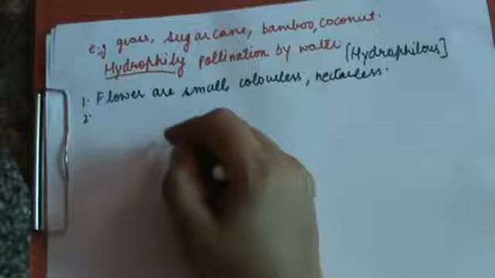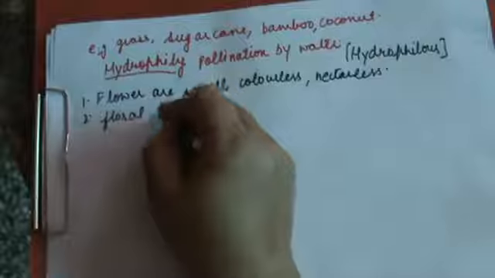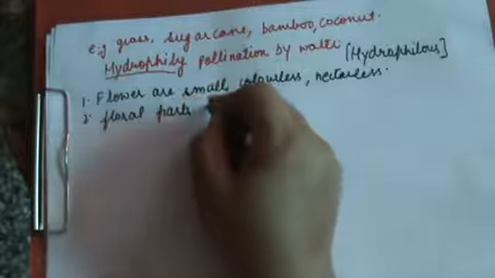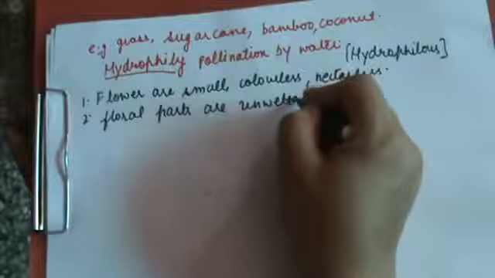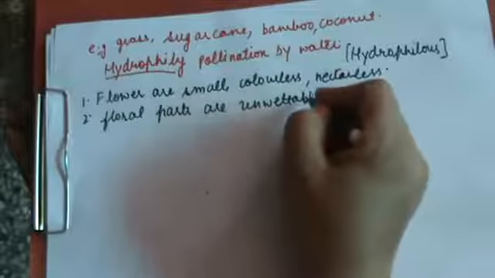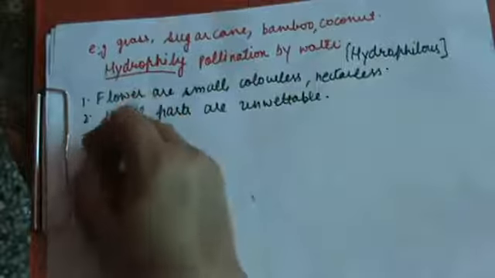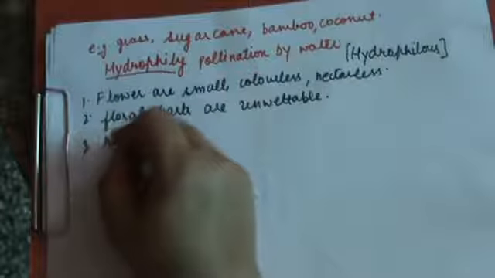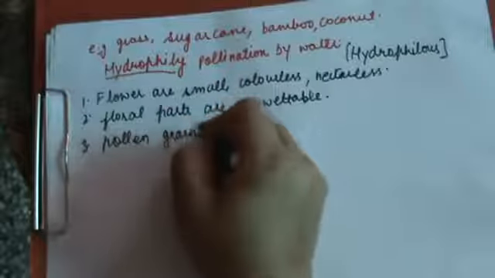Floral parts are unvegetable. Secondly, pollen grains and stigma are also unvegetable.